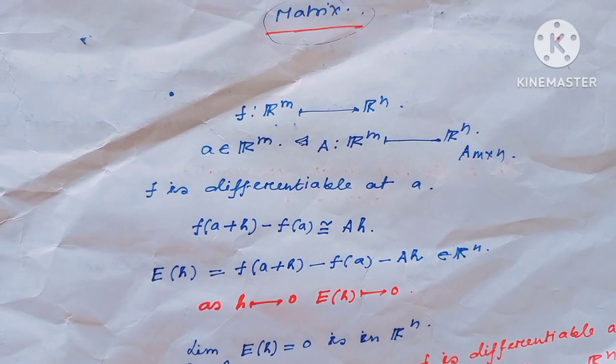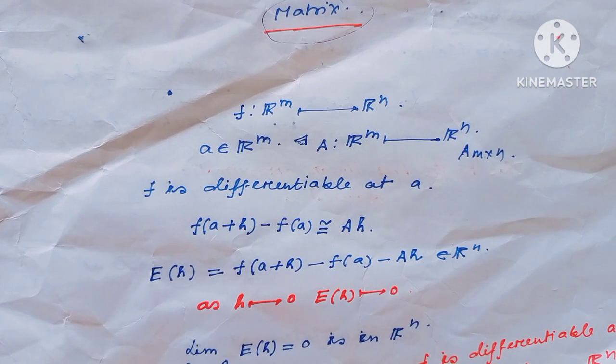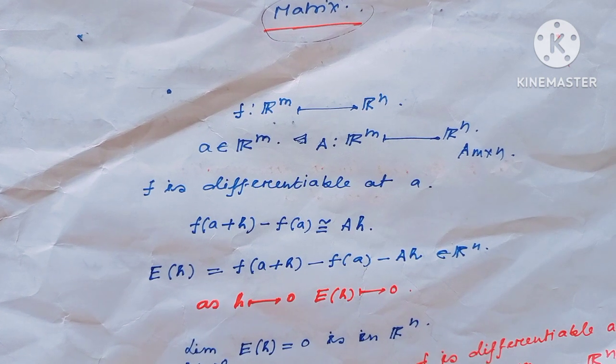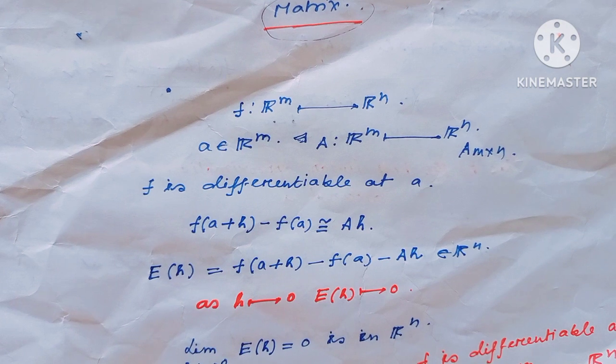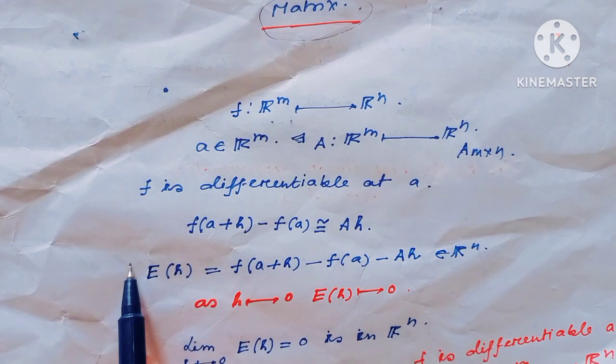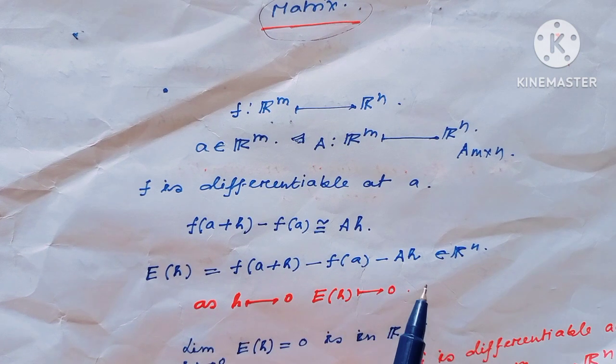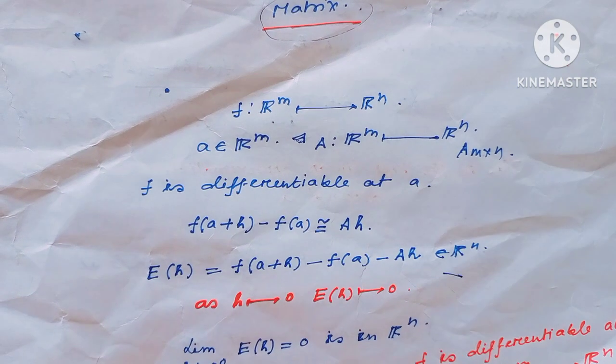Then f is differentiable at a point a means f(a+h) minus f(a) is approximately equivalent to Ah, where the error term E(h) is equal to f(a+h) minus f(a) minus Ah, which belongs to Rn.